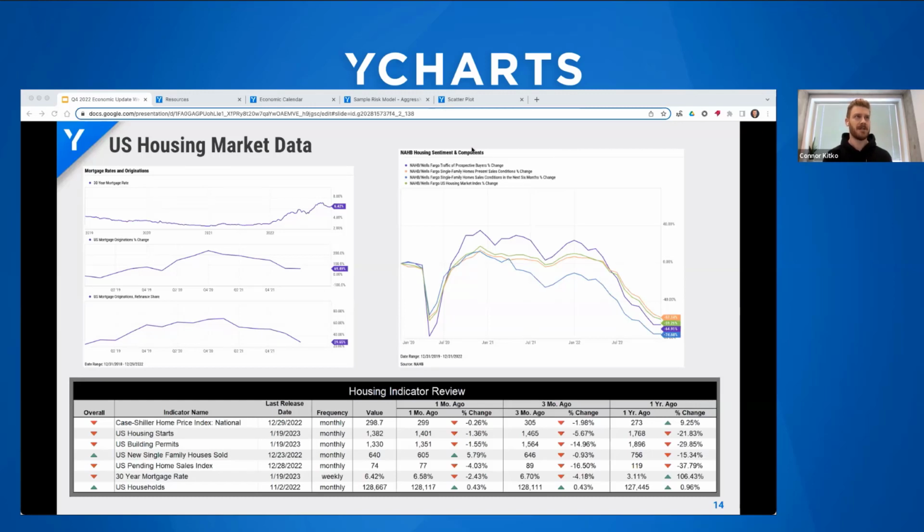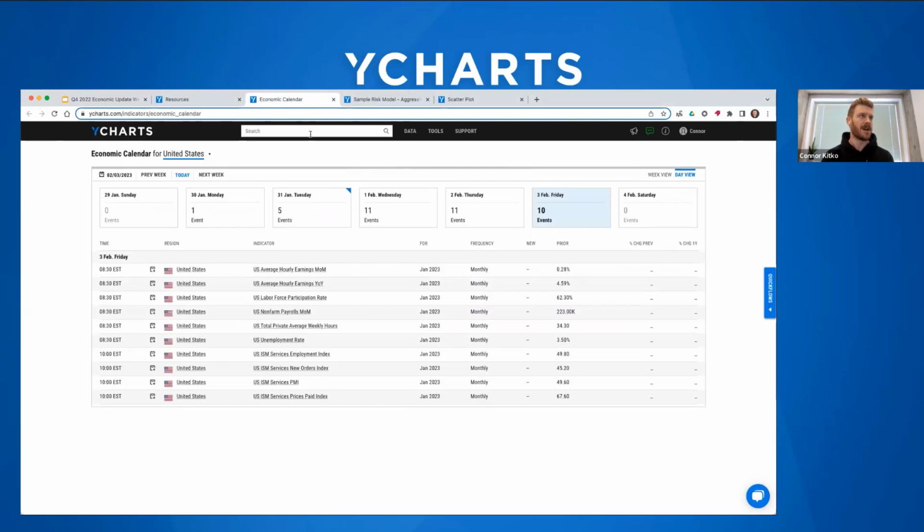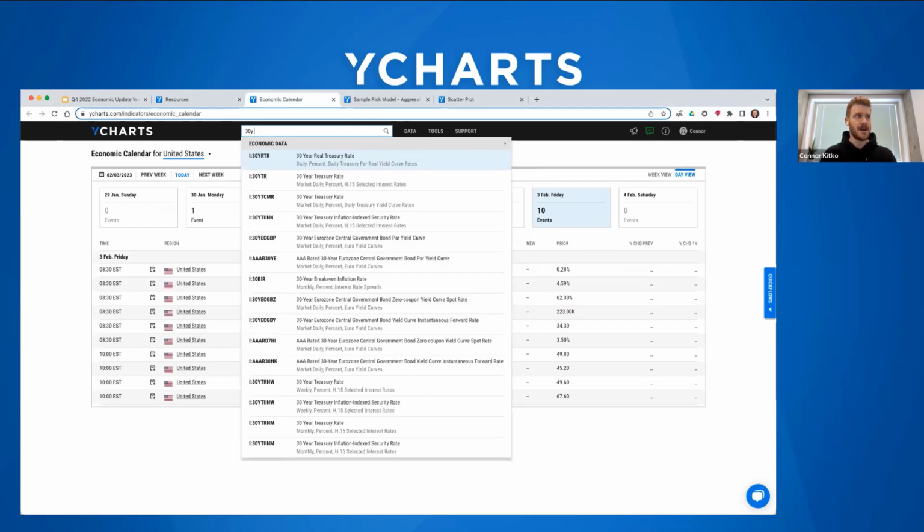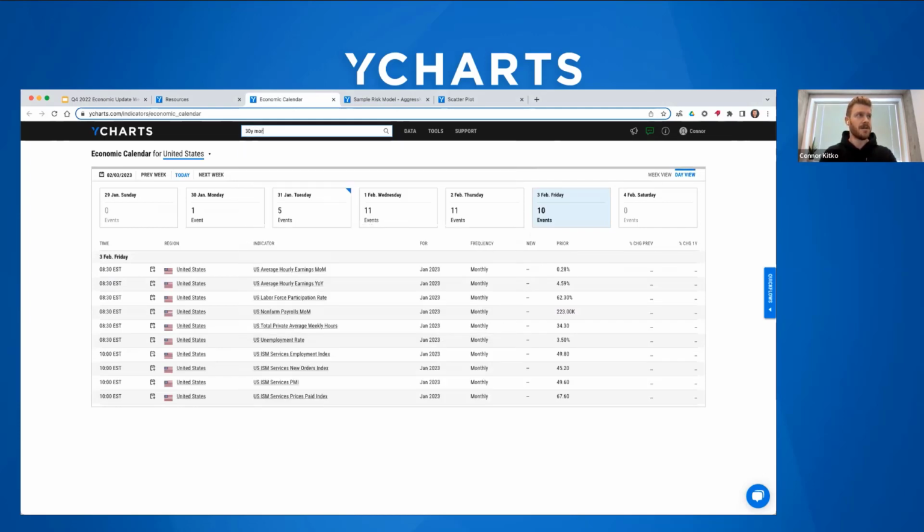I am going to jump into YCharts here now, because I wanted to show some of this mortgage data and how you can leverage this in some visuals, as it's surely a pretty well talked about topic right now. So coming back into YCharts, I'm going to leverage this search bar at the top. It works just like Google. So I'm just going to type in 30-year mortgage.